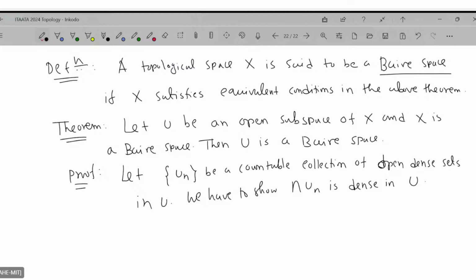So since U is open, each Un is dense, it is open. Since U is open, what can you say? Yes, Un is open in X.